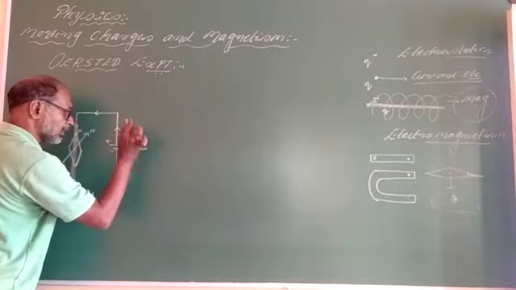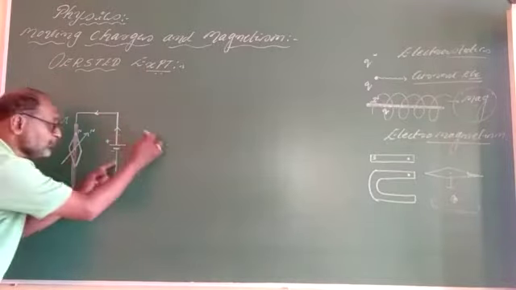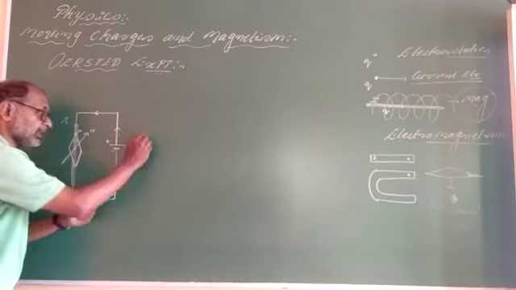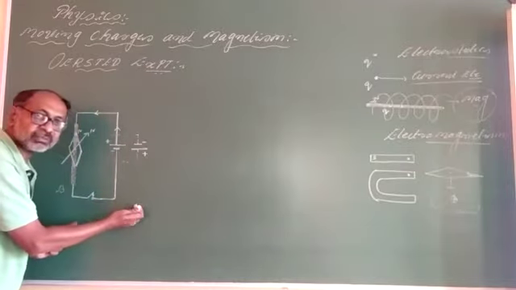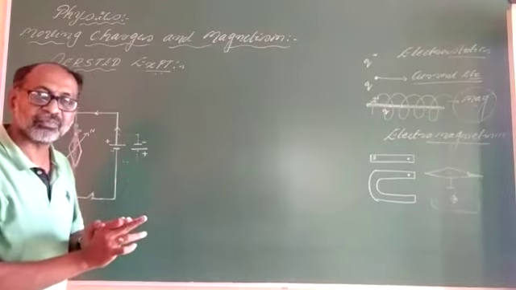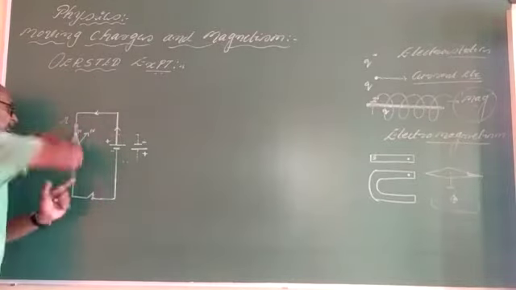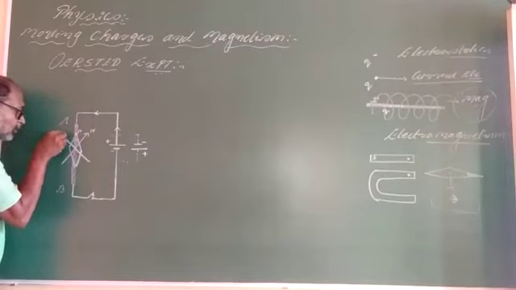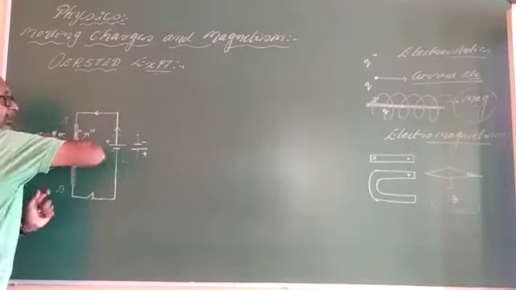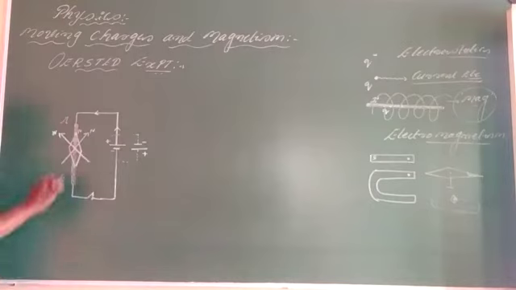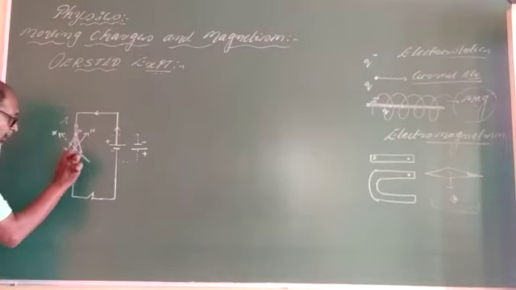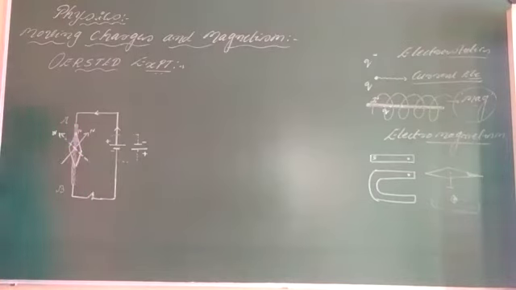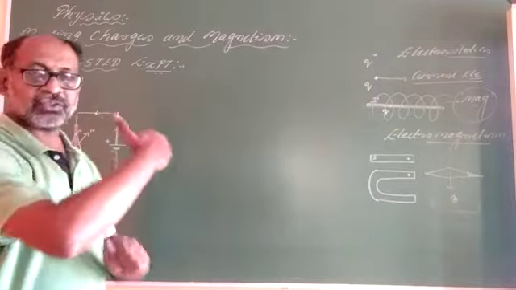I will change this polarity like this: this becomes negative, this becomes positive. Then what happens? The magnetic needle turns in the opposite direction. So the north direction comes suddenly like this. I will show this also in dotted lines, so it is in the opposite direction.